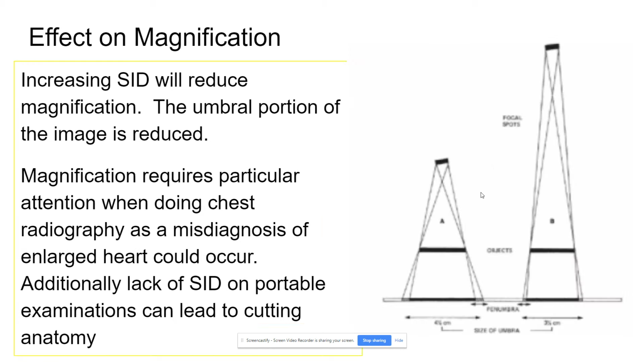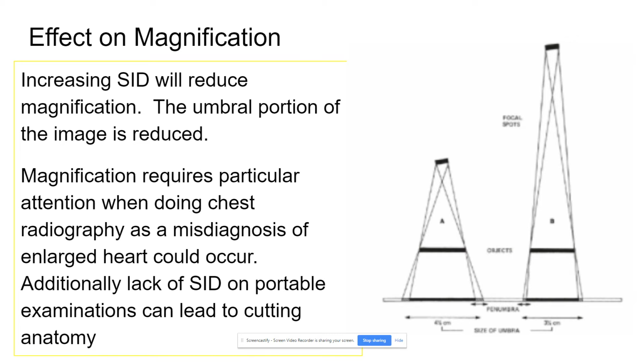So penumbra goes down, but also the effect on magnification, right? So in particular, when you're doing a portable exam, we know that magnification goes down when SID goes up. That can only help you on a portable exam, right?